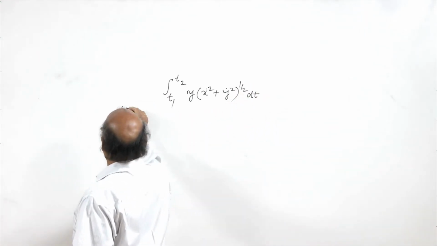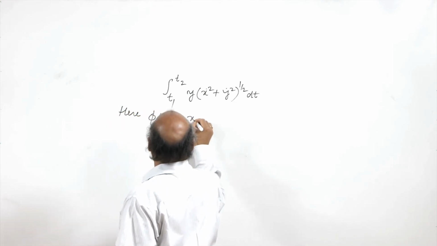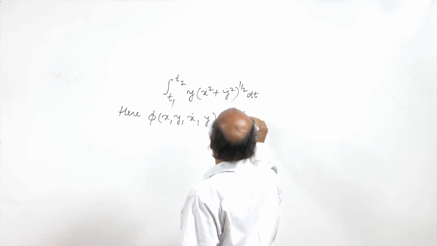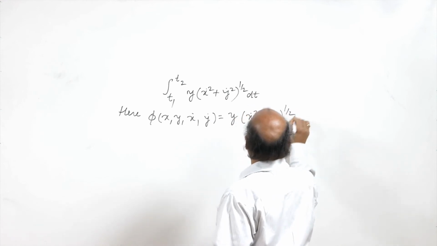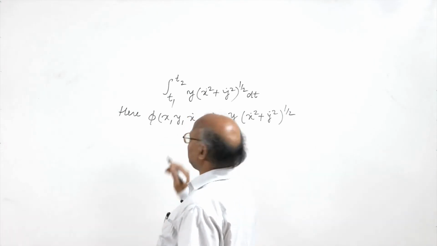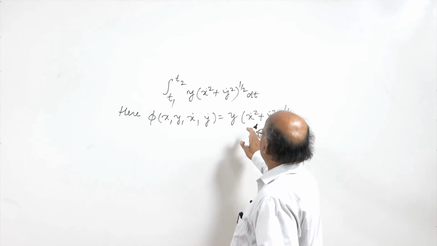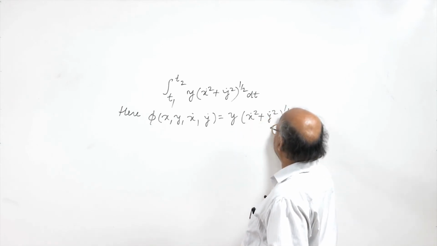So here phi (x, y, x dot, y dot) is equal to y times (x dot square plus y dot square) raised to the power half, and moreover we notice that when we replace x dot by k x dot and y dot by k y dot, then what we get is y times ((k x dot) square plus (k y dot) square) to the power half.